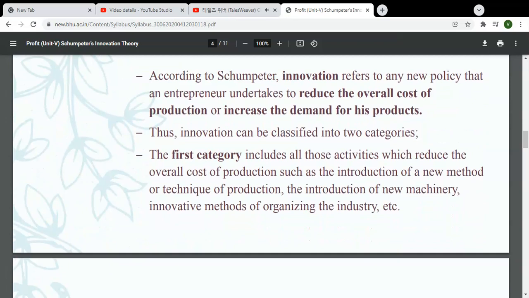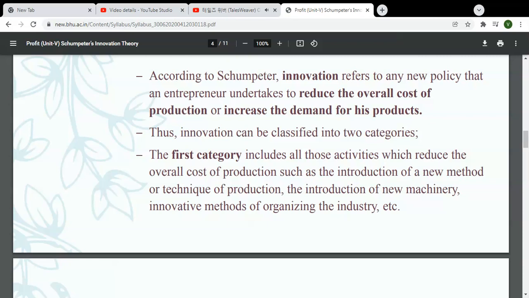Another way is reducing the cost of the product, which will also lead to more people purchasing your product. Here we are only looking at the innovation part, not the competition part, but as I discussed in the previous video, I will make you understand how this is related to competition.